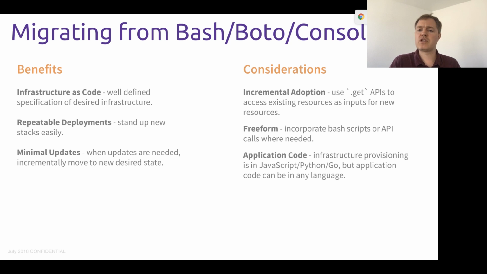There are a couple of tools available for this. Generally, these .get APIs allow you to access an existing resource and use that as an input to new resources. There's also a set of tools for adopting these into your application and having them be managed by Pulumi now instead of being managed by the console. And I'll show those in just a second.